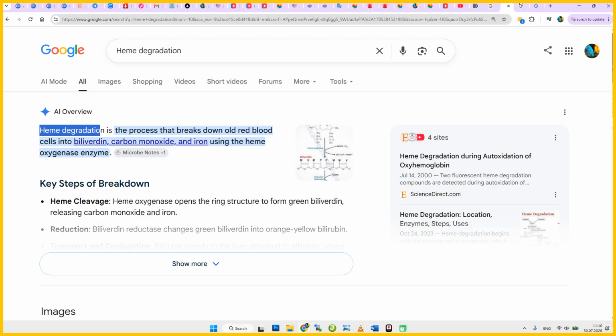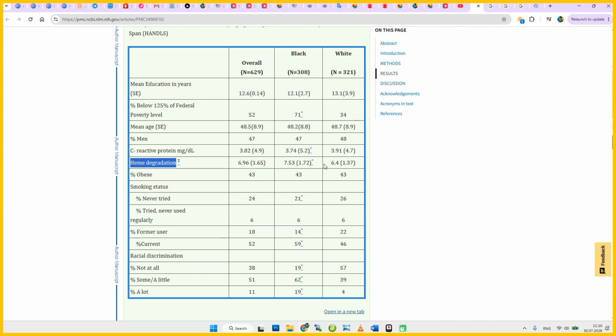But when you see here these numbers, 6.4 and 7.53, the numbers are different, and this isn't possible, because if we are all from Africa or from somewhere, one kind, we must have only one number, because heme degradation, this is a very serious number.